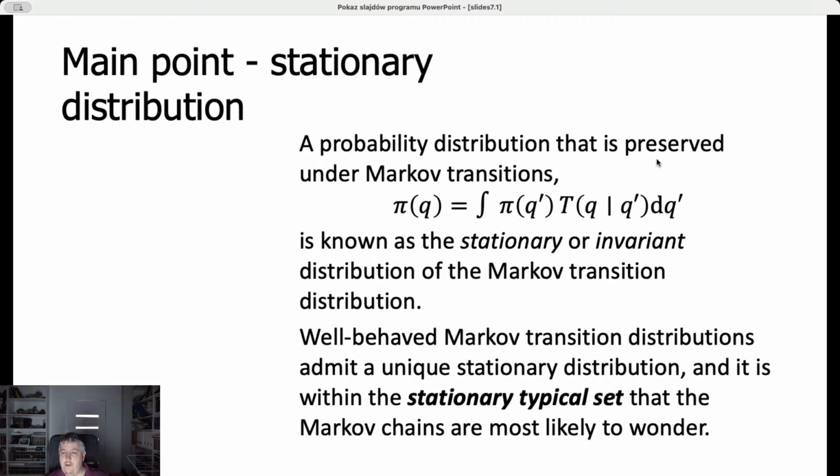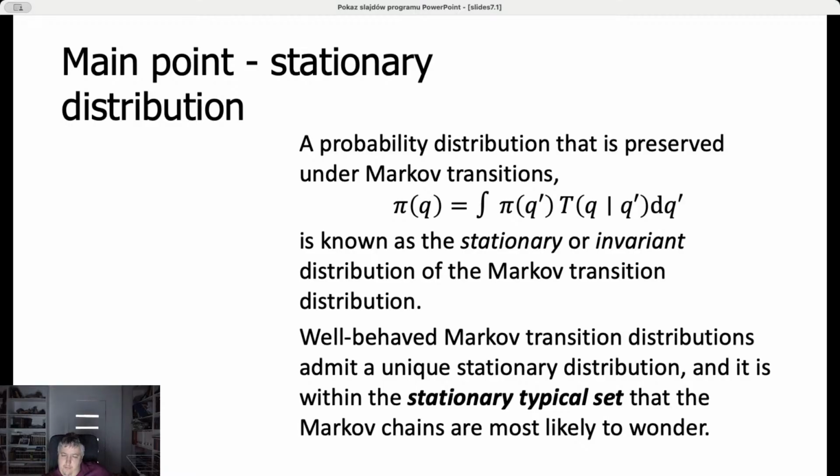So averaging over all possible values of q prime will give us the probability of q. So starting with the probability of q prime, averaging over q prime, we'll get the same probability but of q. So we'll recover this probability by this integration.